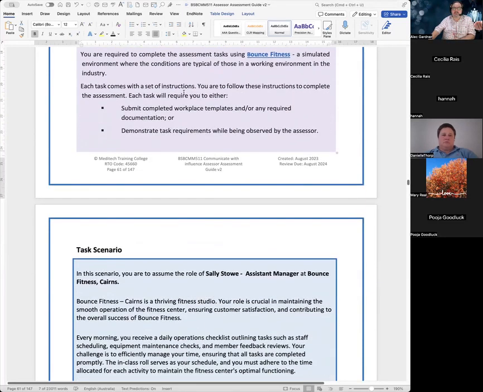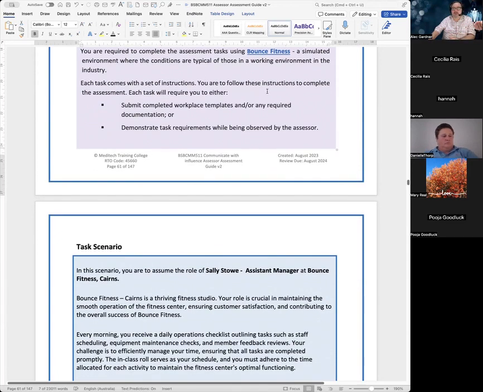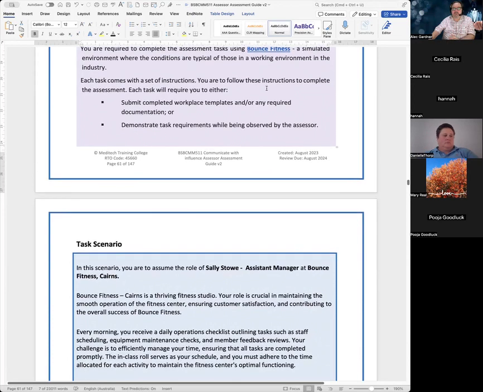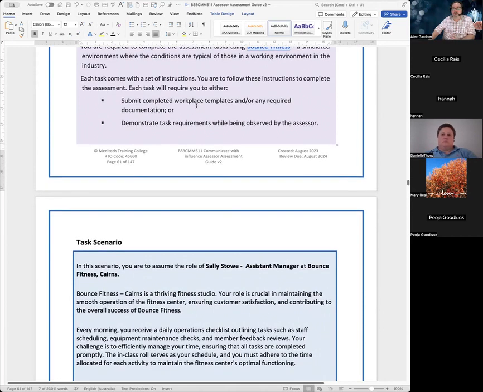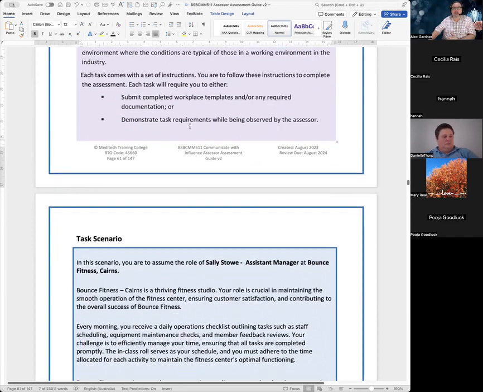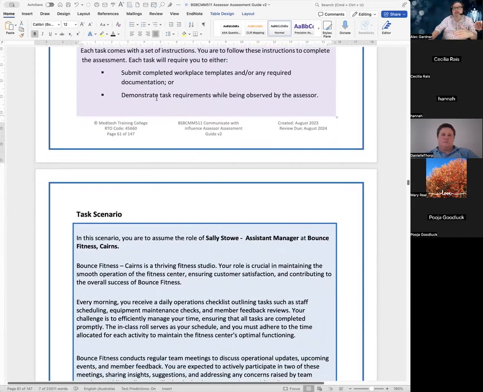Each task comes with a set of instructions, and there's some really good templates we're going to go through in a moment. You've really got to follow these instructions carefully to complete it. And then you're going to submit your completed workplace templates, and any other required documentation will be copies of your presentations as well. Now, I'm going to be doing the observations via the videos.